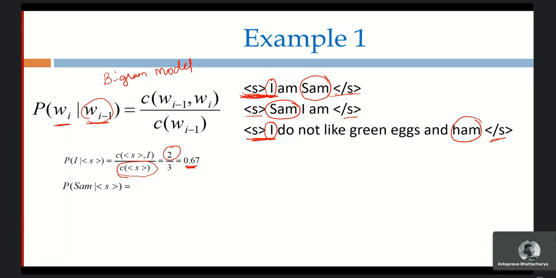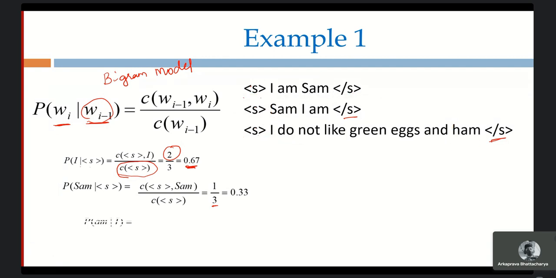How much probability are you getting there? 1 by 3, because start Sam is seen one time, and there are 3 starts here, so 0.33. Similarly, if am and I, can you tell me am and I?